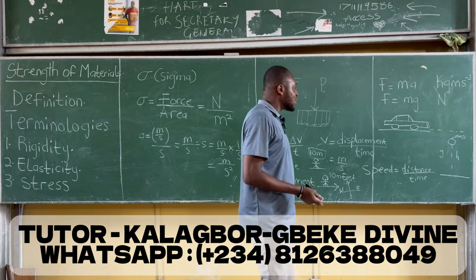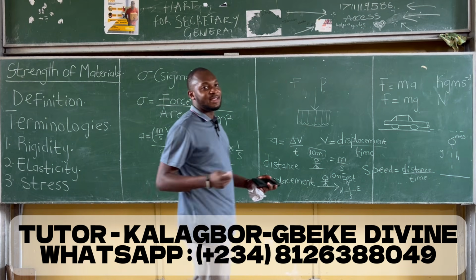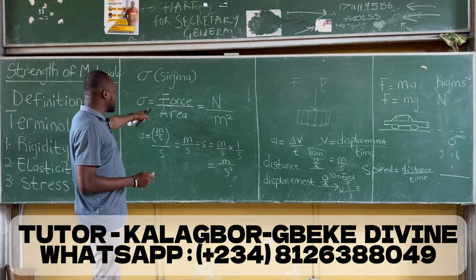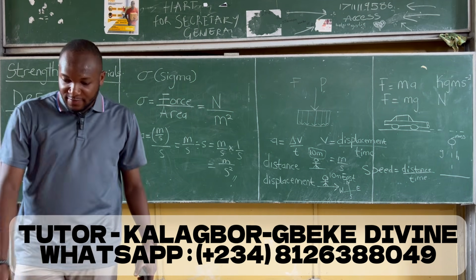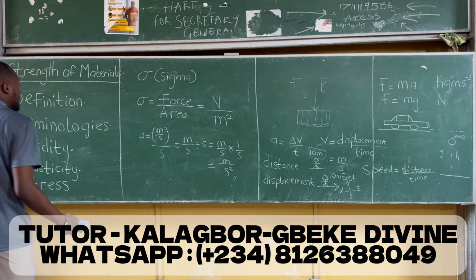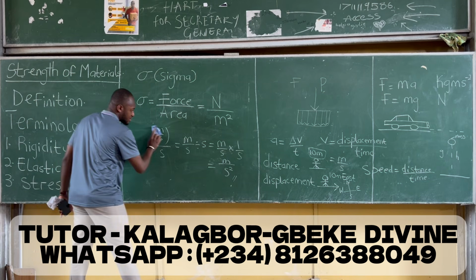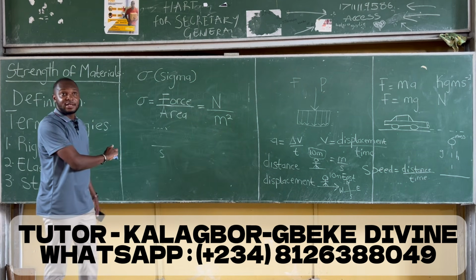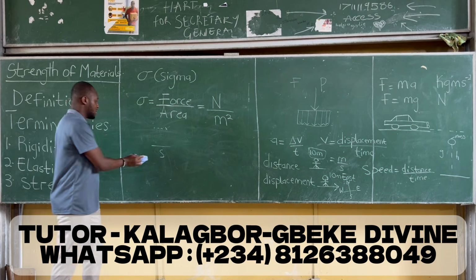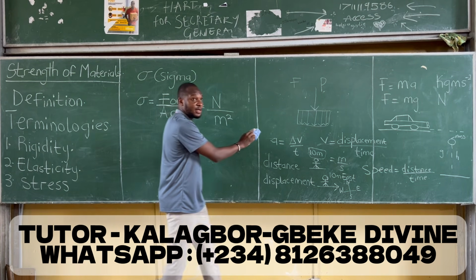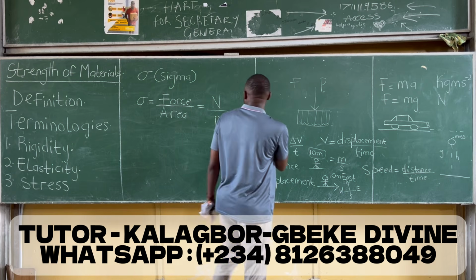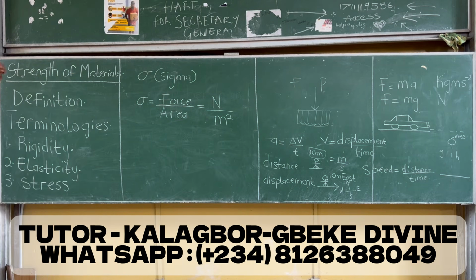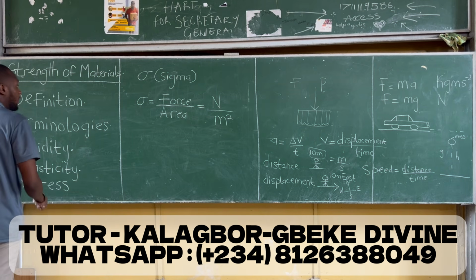So I just explained. Now let's go back to strength of materials. Where do we stop? We stop at stress, sorry. So we say stress is equal to force over area.